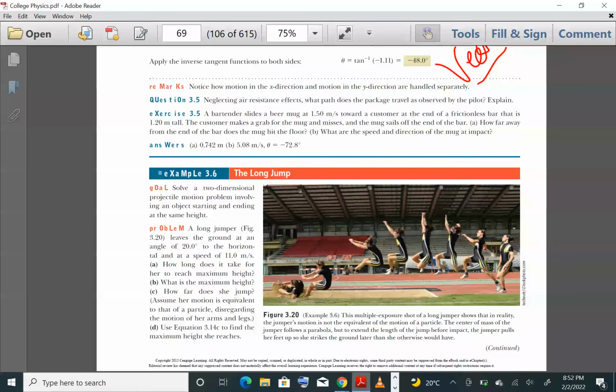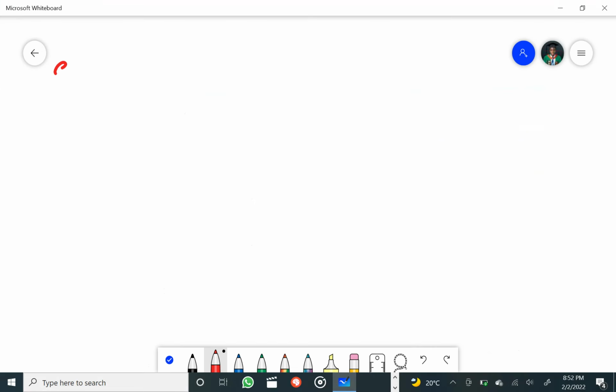So again, remember, the horizontal and the vertical motions are independent of one another. So what does this entail? Since here we are being asked how long it's going to take this person to reach the highest point, just look at the vertical motion alone, independently.